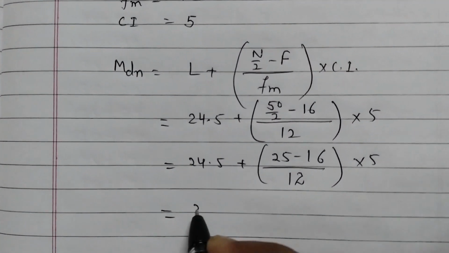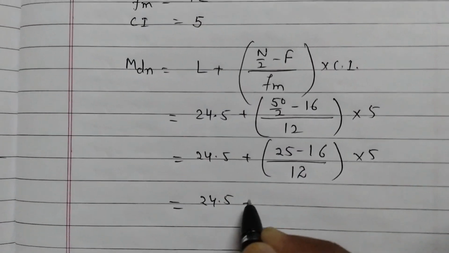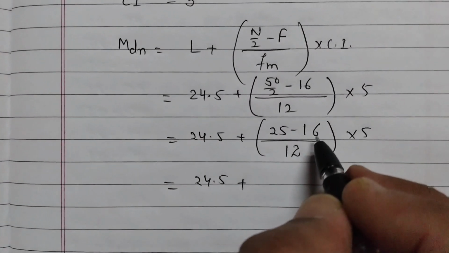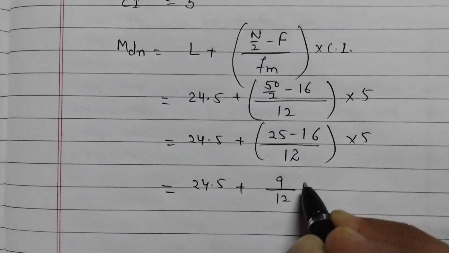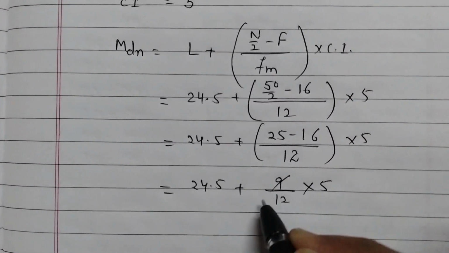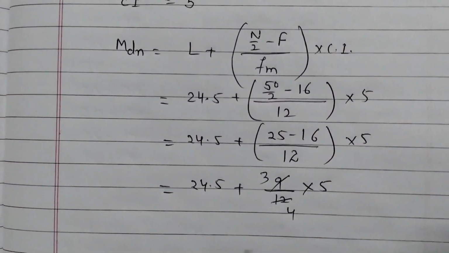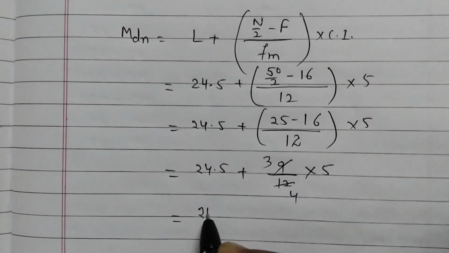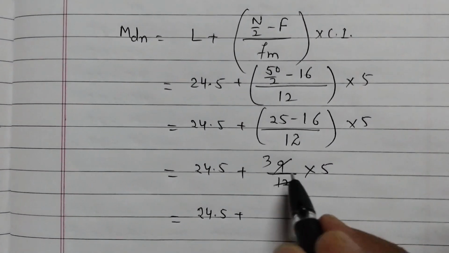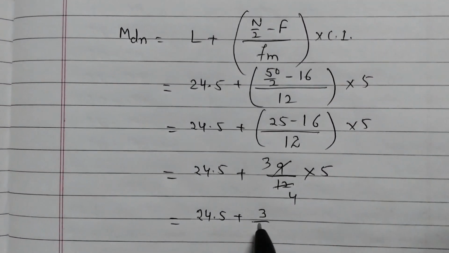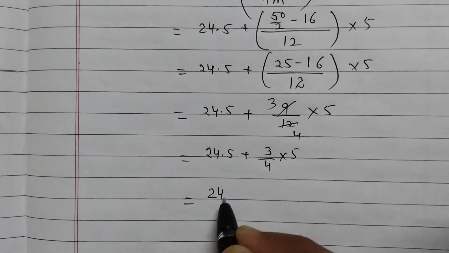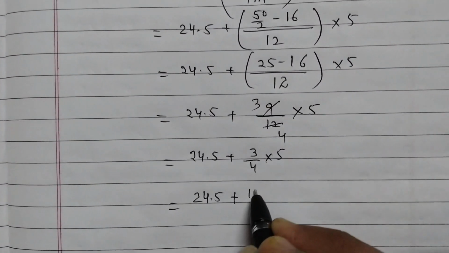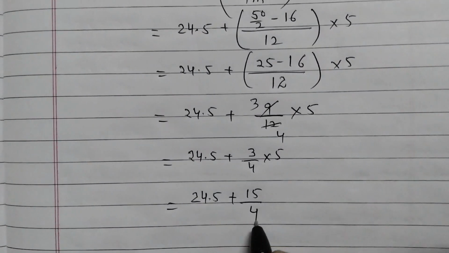This is equal to 24.5 plus 25 minus 16 is 9 divided by 12 multiplied by 5. 3 3s are 9, 3 4s are 12. We have 24.5 plus 3 by 4 multiplied by 5, which is equal to 24.5 plus 15 divided by 4.